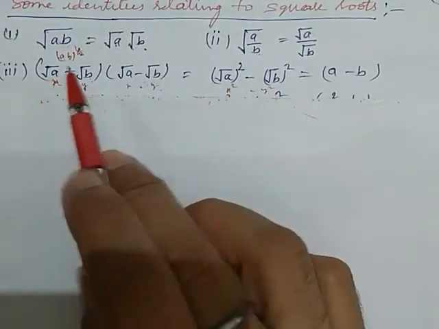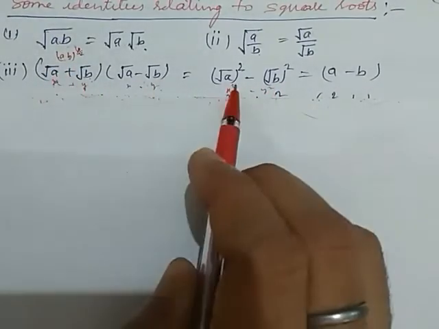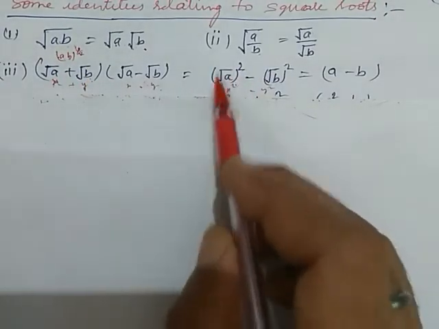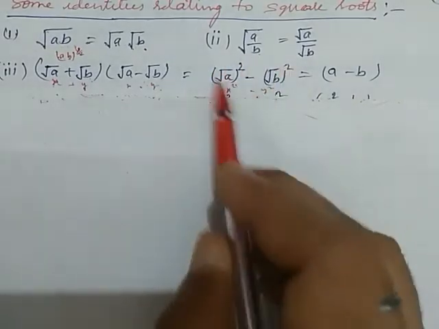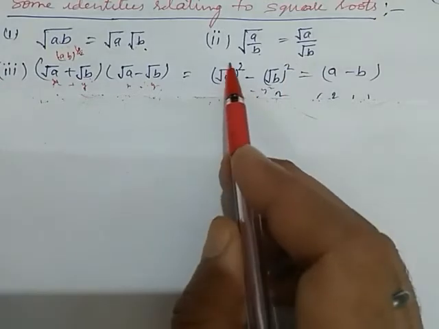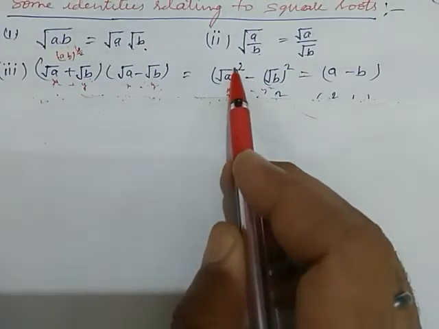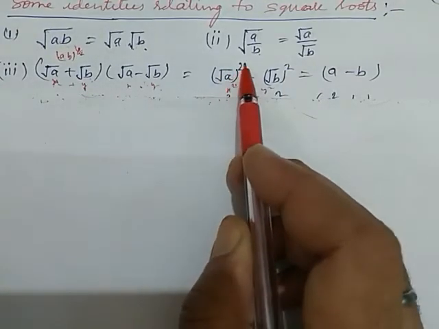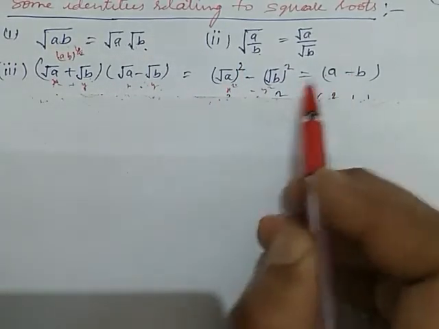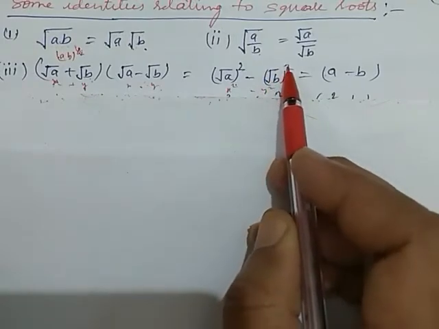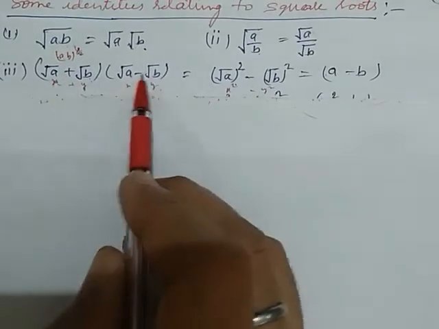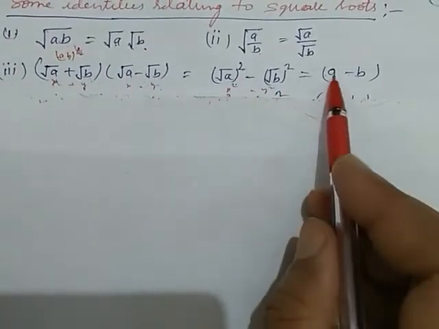So this way we make the square of root A and the square of root B. Root A square minus root B square: the root cancels with the power 2, so we get A, minus, and again the root cancels with the power 2, so we get B. So by multiplication, we get A minus B.